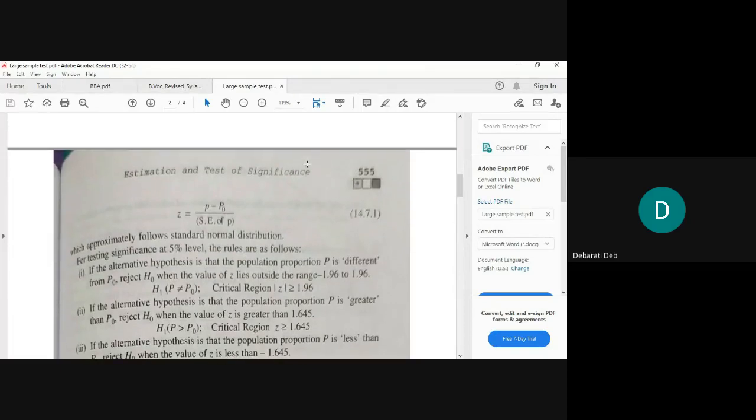Now I am showing you the formula once. Here we have written small p minus capital P naught. This small p can also be written as the observed value, and this capital P naught can also be written as the expected value.